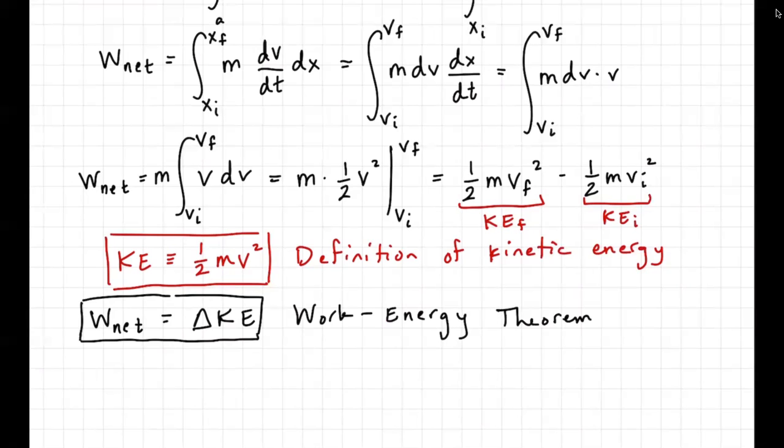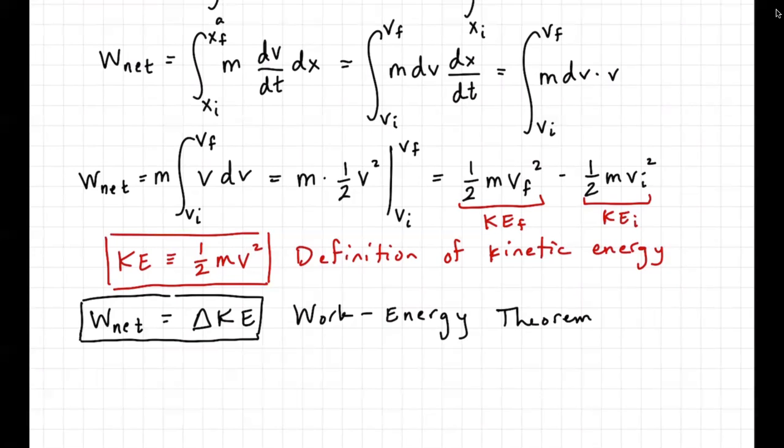Okay, so I want to give you one more thing to say about it before we do an example. This says that when we've been using Newton's laws to solve problems, we had to know about the acceleration of an object at every point from some time to another time.